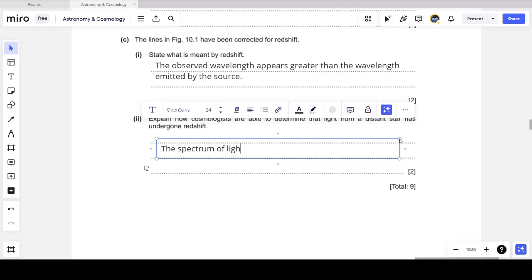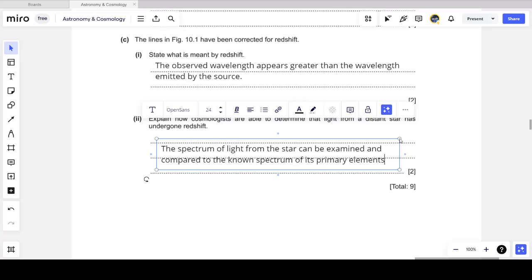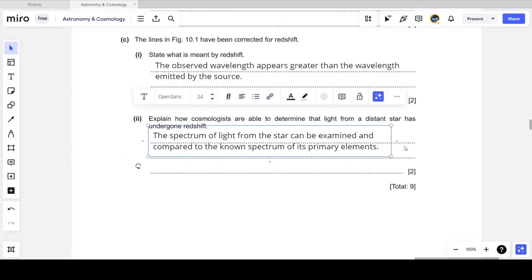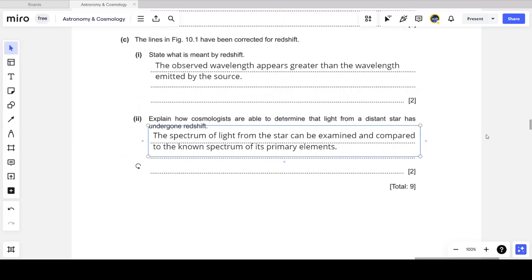The spectrum of light from the star can be examined and then compared to the known spectrum of its primary elements, which I say is sometimes hydrogen, but also helium and other gases as well. So the spectrum of light from the star can be examined and compared to the known spectrum of the primary elements. And then we can tell that there's been some redshift if all the lines are shifted to the right, or to the red end of the spectrum rather.